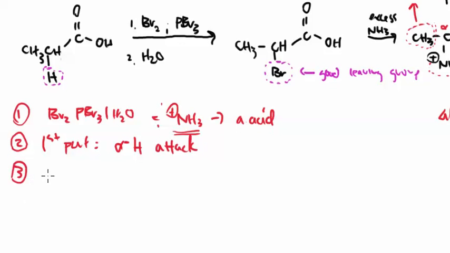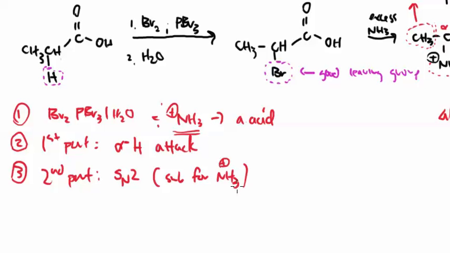In the next part of the reaction, what we see is an SN2 that happens, and this is a substitution for the NH3 group. So once I put NH3 into the reaction mix, it will substitute the bromine, and now the NH3 goes on instead of the bromine.